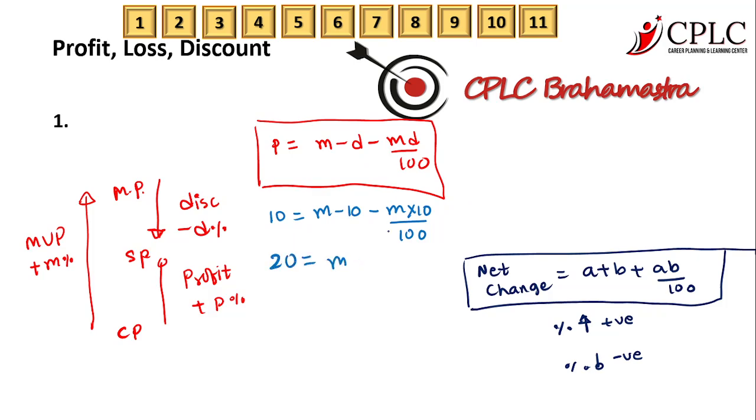So this becomes M. And this 10 and 10 get out. So this becomes M by 10. Now M minus M by 10 is 9M by 10. This 10 goes there. So 9M is 200. M is 200 by 9, which is again 22.22%. Same answer as we had gotten earlier.